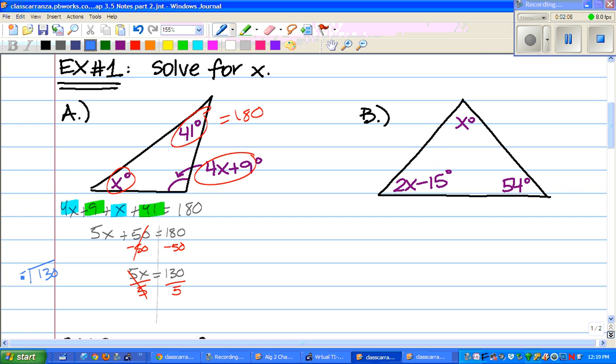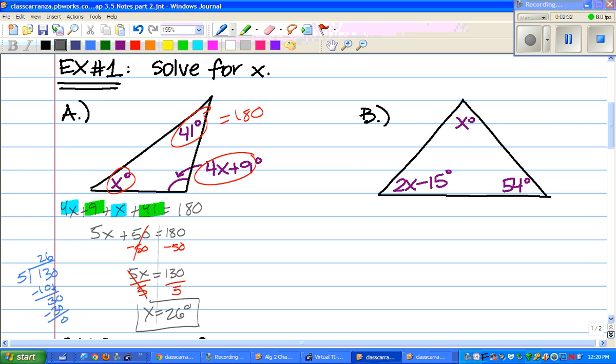So let's do it off to the side. 130 divided by 5. 5 goes into 13 two times. Bring down the 0, and 5 goes into 30 6 times. So we get that x equals 26, and that's 26 degrees.